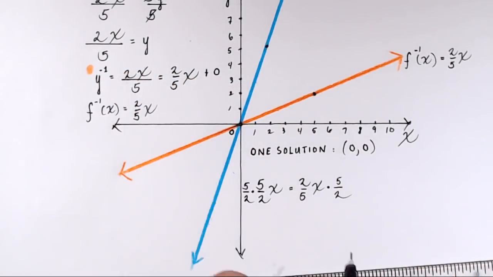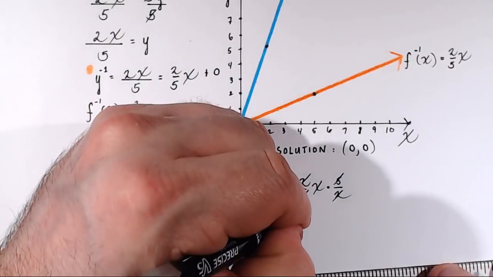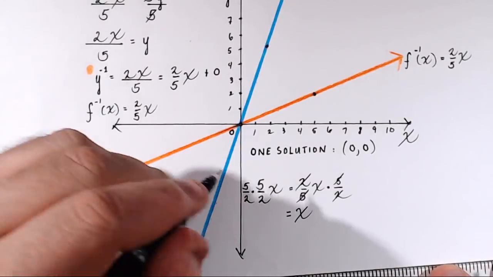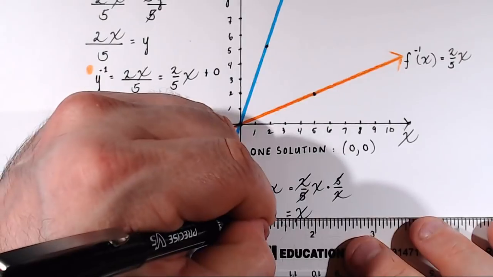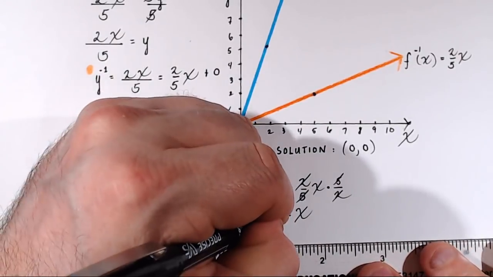Okay? Now on the right side, the wonderful thing is those cancel out, the 2's cancel out, and the 5's cancel out, leaving x by itself equal to 5 times 5 is 25 over 2 times 2 is 4 times x.